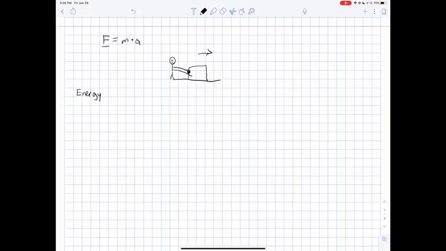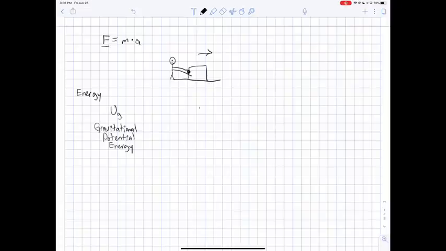Now, what is energy? Energy can be found in three different ways in kinematics in the physics that we're going to be doing. There's going to be gravitational potential energy. I'm going to label it U sub G. So that's gravitational potential energy.